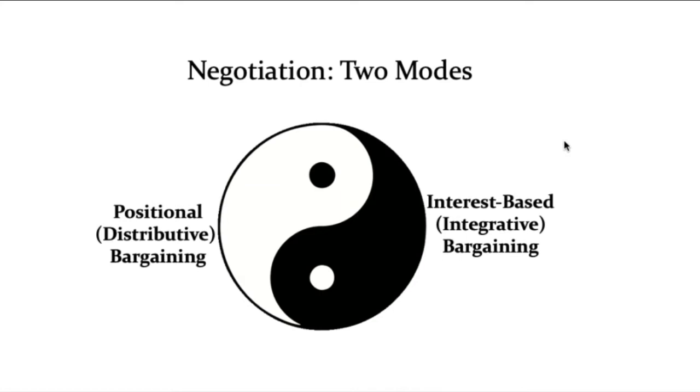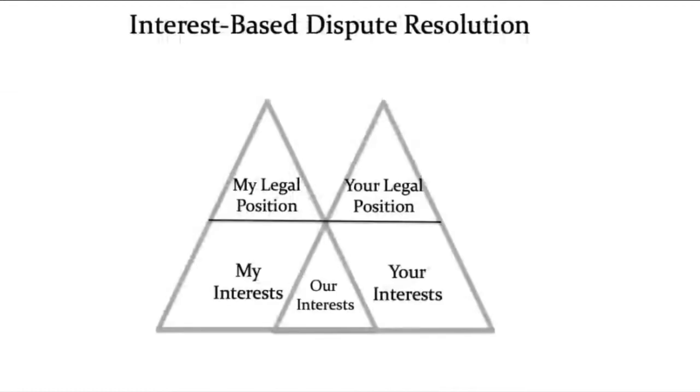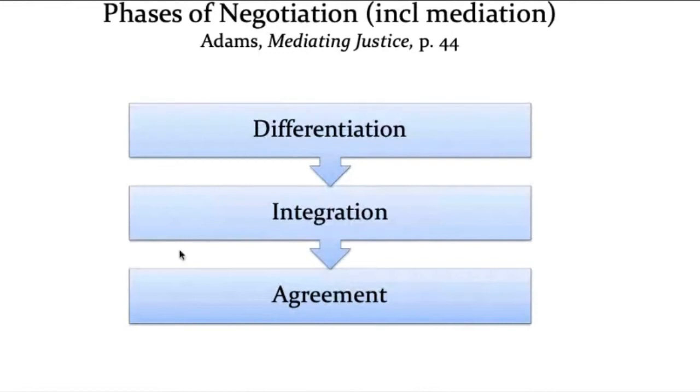Another idea that he talks about is a way to preserve both the opportunity to grow the pie and the opportunity to maximize your slice, and that is this use of phases. So on page 44, he talks about how negotiation will often go through these phases, where there's a differentiation phase, which is followed by an integration phase, which culminates in an agreement.